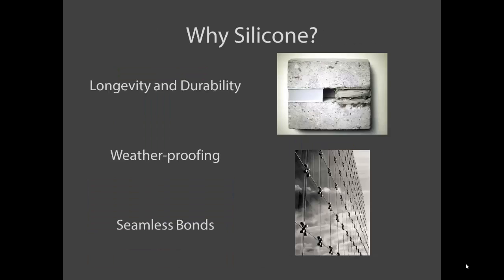So why would you choose silicone over something like an organic material? Well, silicone is a lot more durable and it has a lot more longevity than a lot of organic materials. For example, in the photo on the upper right corner, you see two cement blocks being sealed by, on one side, a silicone sealant, and on the other, an organic sealant.